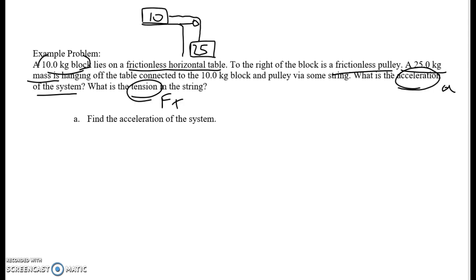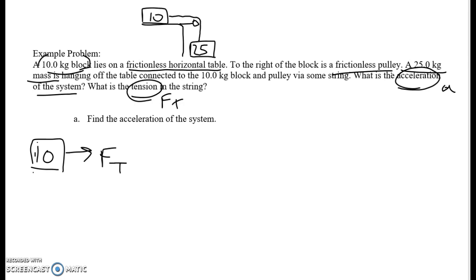Okay, so after I visualize the problem, then I'm going to draw a free body diagram for each block. This is a two-mass system. I'm treating each block separately. So the first block is the 10-kilogram mass. It's on the table. So I know it's being pulled to the right by a string, so that's tension.